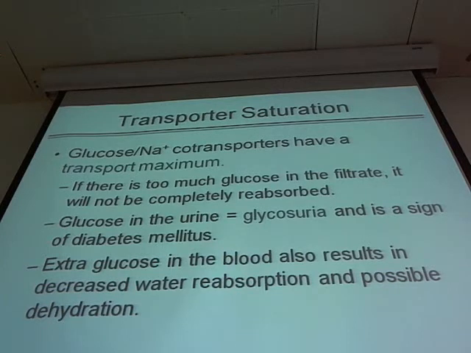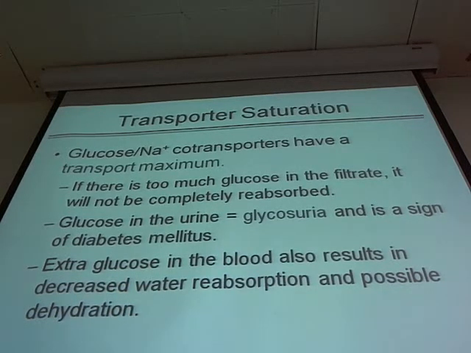Extra glucose in the blood also results in decreased water reabsorption and possible dehydration, because as the glucose goes out, it doesn't allow that complete osmotic gradient, because glucose provides osmotic pressure in the tubule.